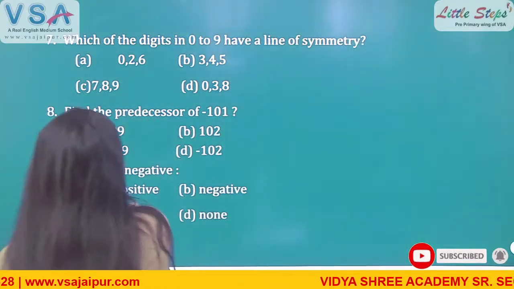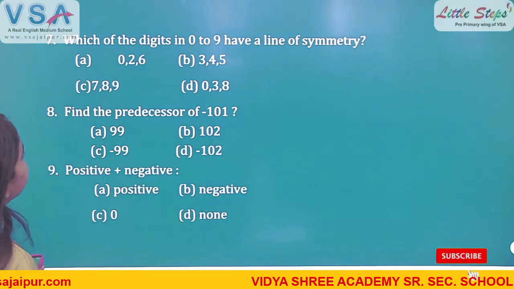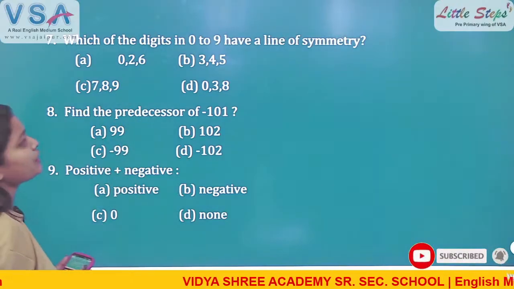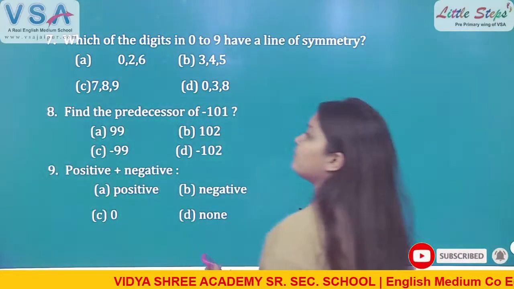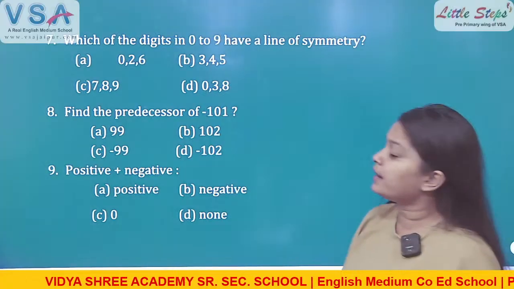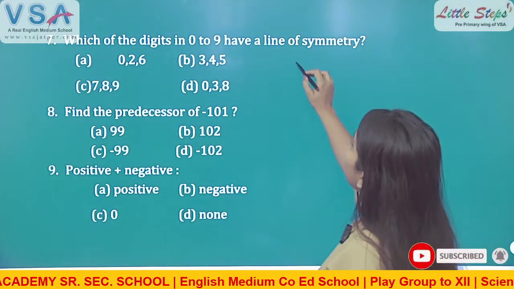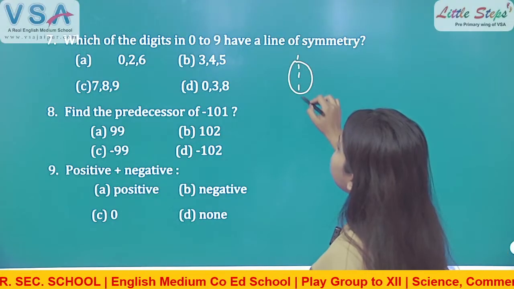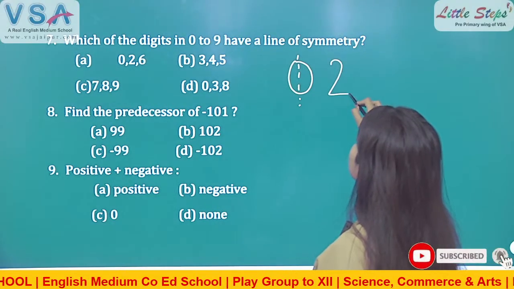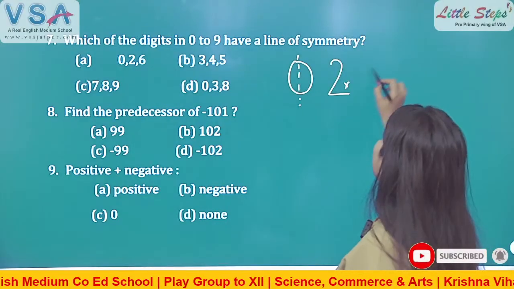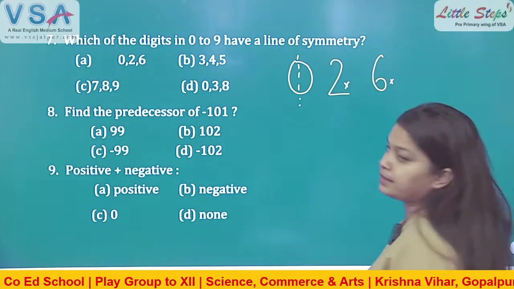Moving on to 7th MCQ. Which of the digits from 0 to 9 have a line of symmetry? Option A, 0 to 6. Option B, 3 4 5. Option C, 7 8 9. Option D, 0 3 8. As we all know, we can draw a line of symmetry in 0, but we cannot draw it in 2, and we cannot draw it in 6 either.